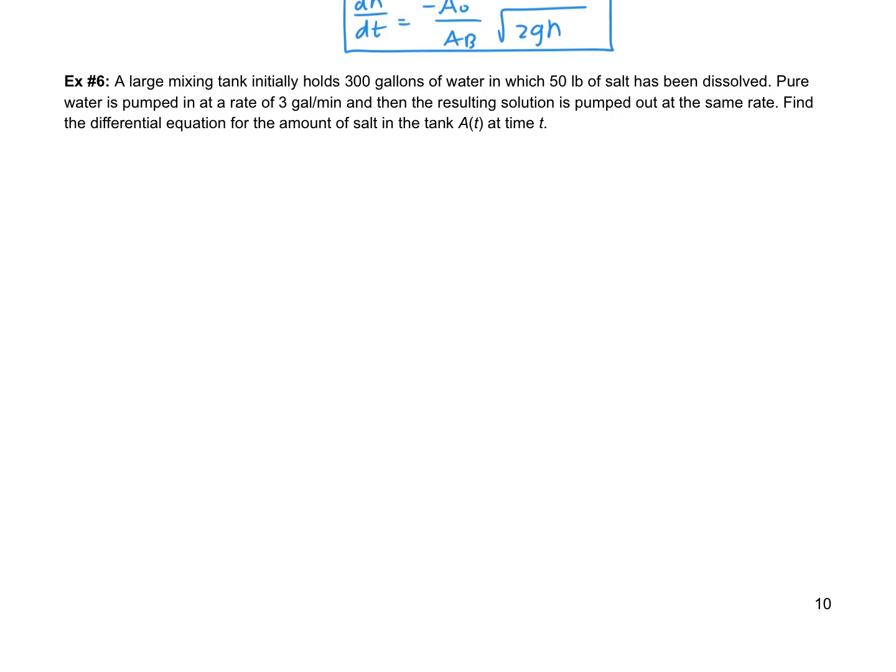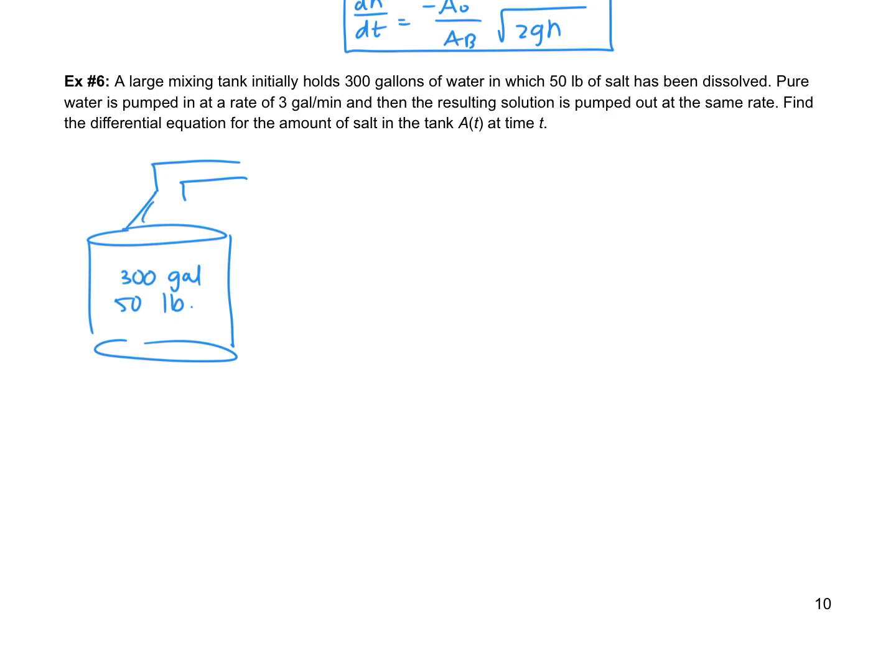So again, it's probably a good idea just to start with a picture. So we have this tank, and this tank has 300 gallons of water, and it has 50 pounds of salt. Pure water is pumped in. Okay, so we're pumping in pure water at a rate of 3 gallons per minute.